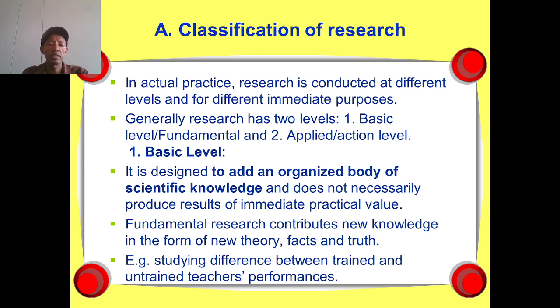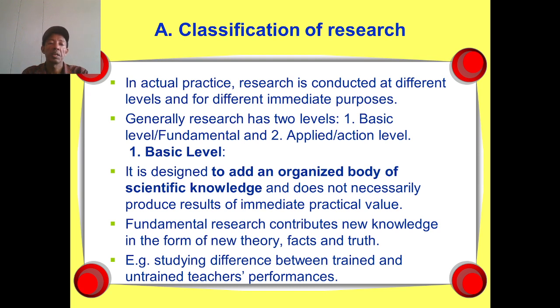An example is studying the difference between trained and untrained teachers' performance. The teacher may, for instance, develop a research question: Is there a statistically significant difference in the performance of trained and untrained teachers?